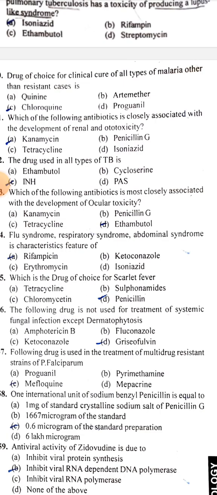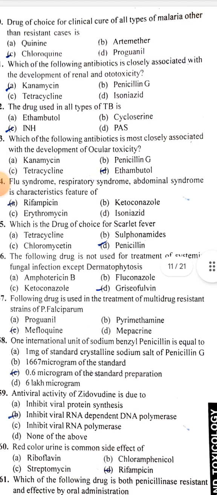Which one of the following antibiotics is most closely associated with the development of ocular toxicity? That is ethambutol. Flu syndrome, respiratory syndrome, and abdominal syndrome are the characteristic features of rifampicin. Which is the drug of choice for scarlet fever? Penicillin.